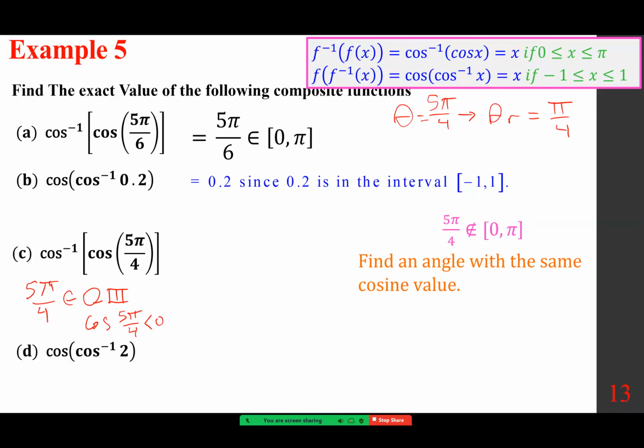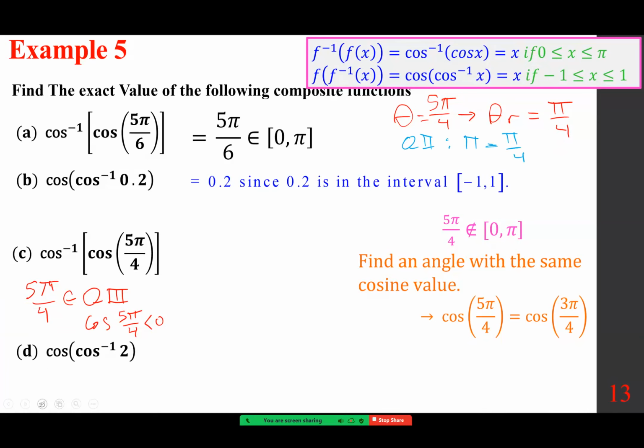Remember that. And because this is negative, and it's in the third quadrant, we have to use the second quadrant. The second quadrant, pi minus pi over 4 gives you the same answer.